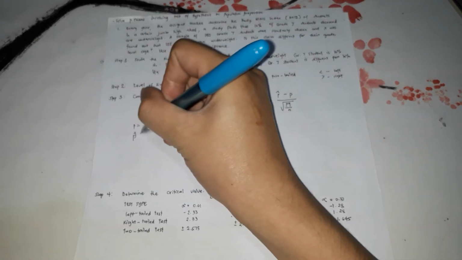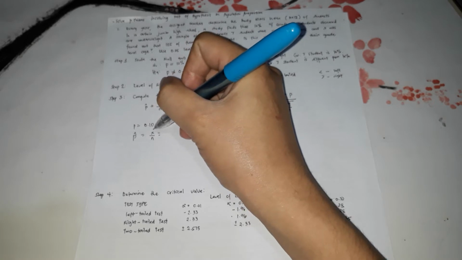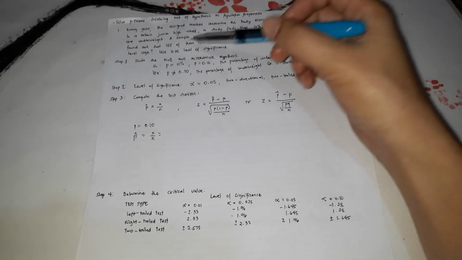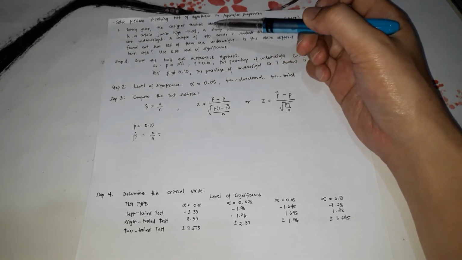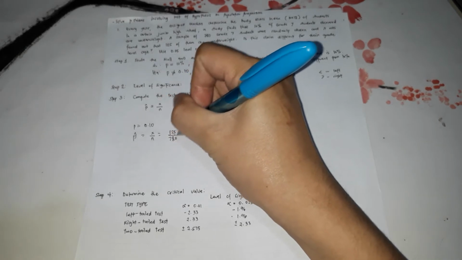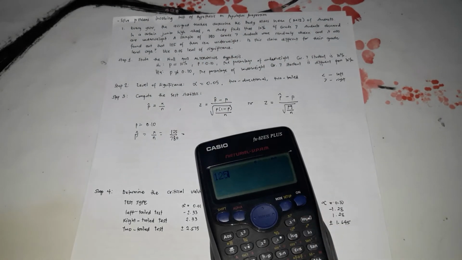P hat is equal to X over N. X is the number of successes in the sample, so 125 of the 780 are underweight. N is 780 because it's the number of samples. So 125 divided by 780 is 0.16. So 0.16 is the P hat.